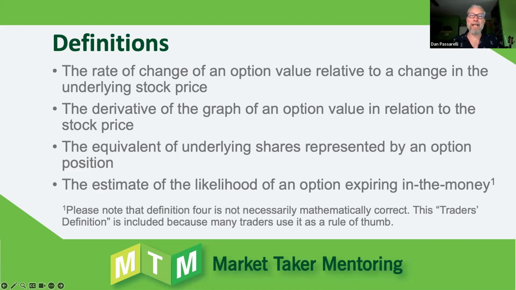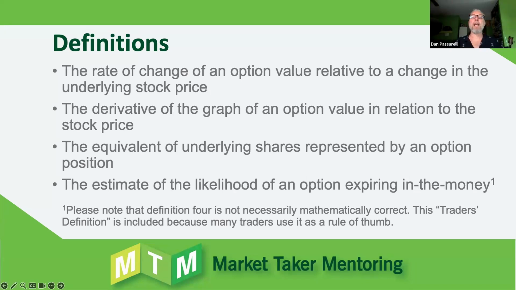If the delta is 43, what that means is that that option moves 43% as much as the underlying shares. So if I buy a call and the stock goes up by $1, the call would go up by 43% of $1, which is 43 cents. Same thing if it goes down $1, I lose 43 cents.